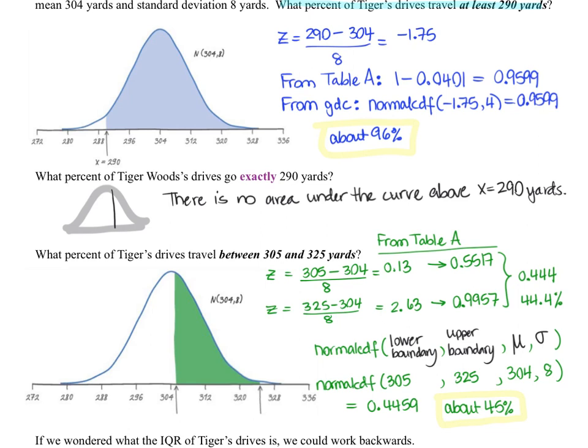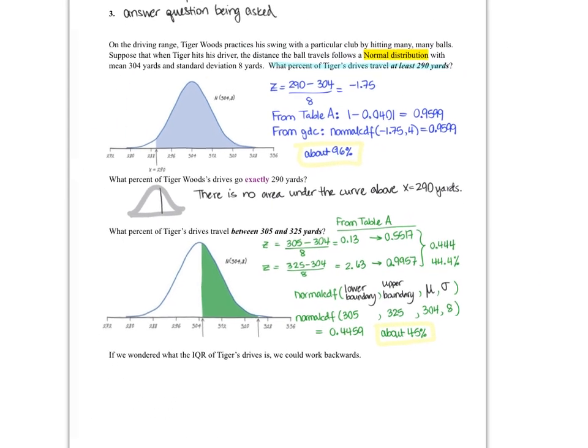The format for the normal CDF is lower boundary, then upper boundary, then mean, and standard deviation. So we can either put the z-scores in there with a mean of 0 and a standard deviation of 1, or we can put the original values in with the original mean and standard deviation. All in all, the percent of Tiger's drives that travel between 305 and 325 yards is about 45%.